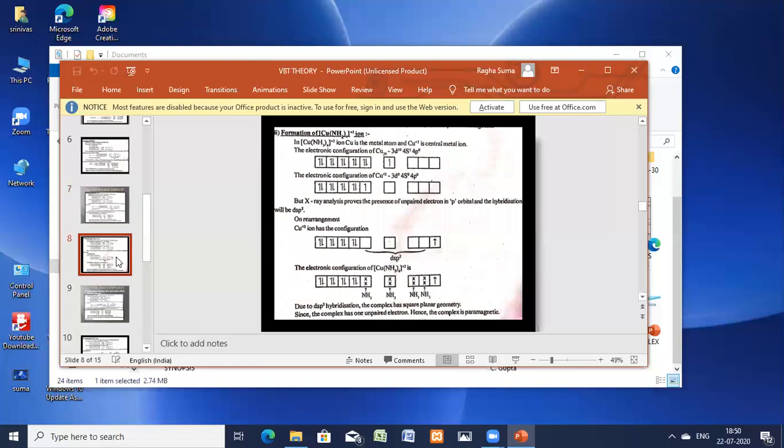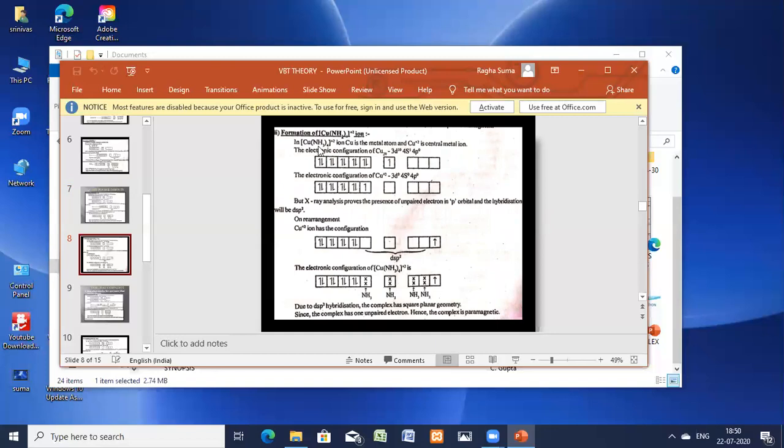VBT, square planar complex. Here I have taken the formation of the tetraammine copper cationic complex. There you can see the +2 charge. It is a cationic complex.